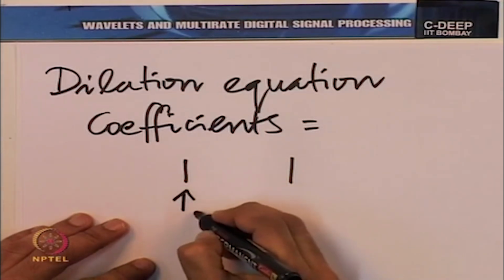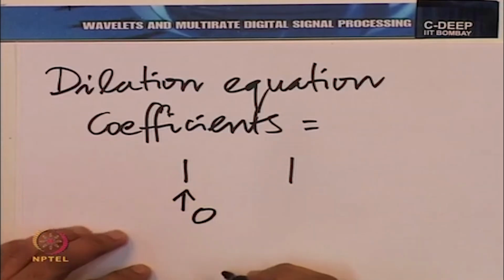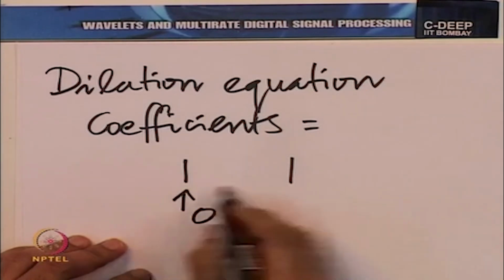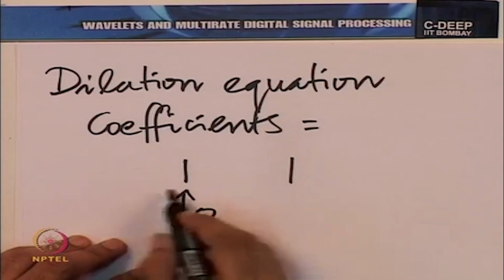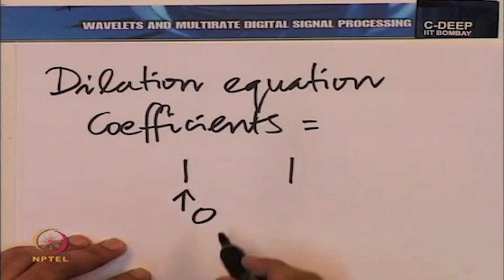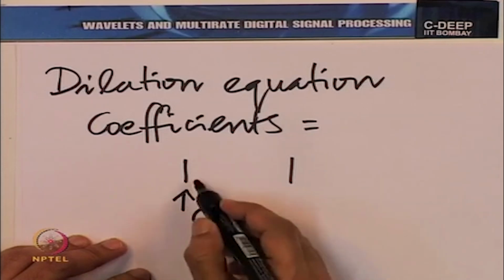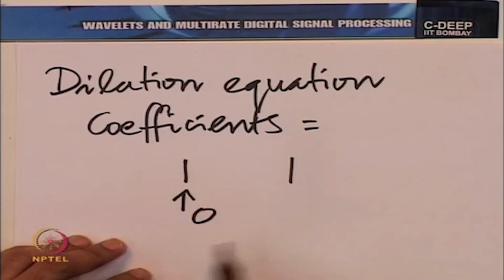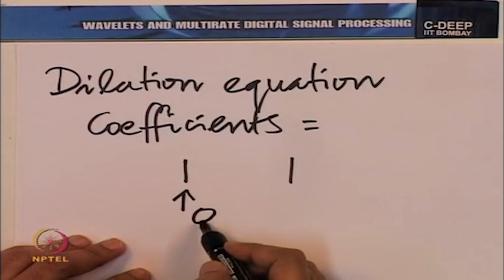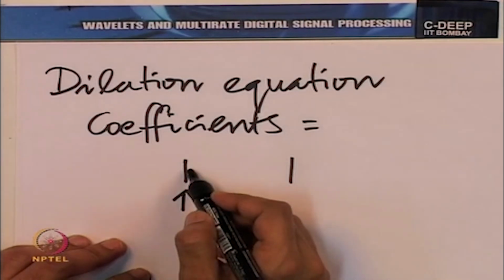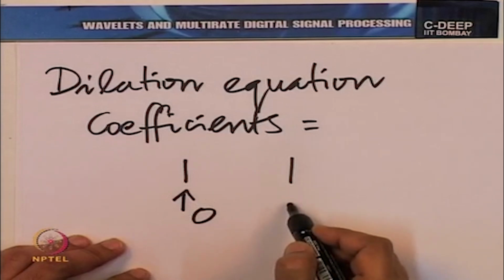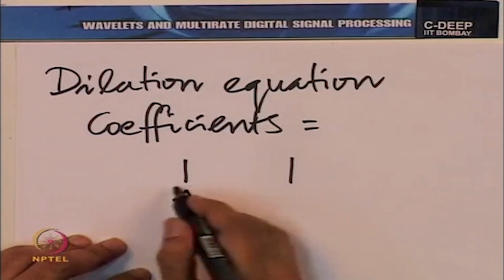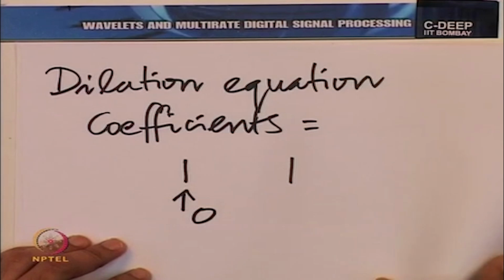So, I will talk about the sequence which is 1 at n equal to 0 and then 1 subsequently as shown at n equal to 1. This is a way of denoting a finite length sequence. The number below the arrow tells us the value at the point of the arrow, and all other numbers tell the value of the sequence at adjacent points. So, this for example means at n equal to 0, the sequence takes the value 1, and at the next point, which is of course n equal to 1, the sequence would take the value 1. So, this is the sequence corresponding to the dilation equation coefficients.